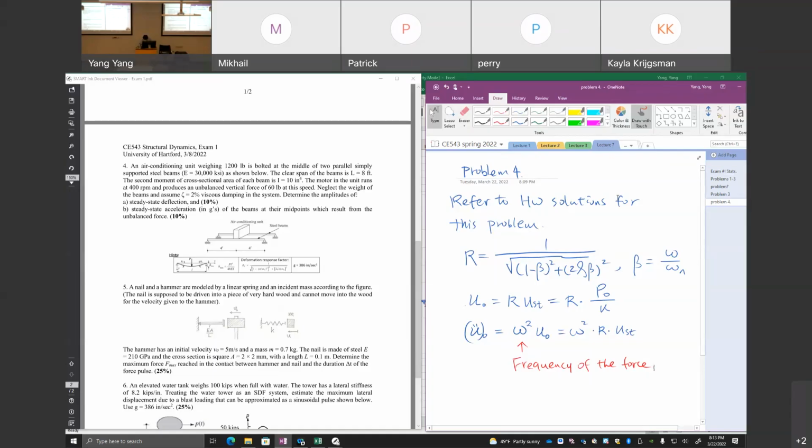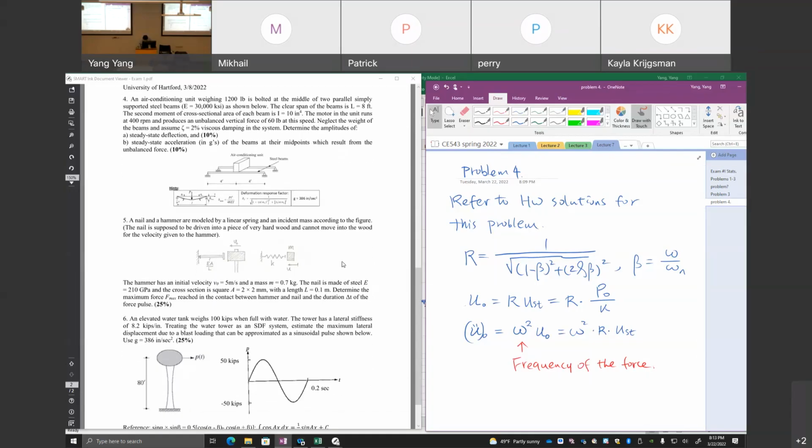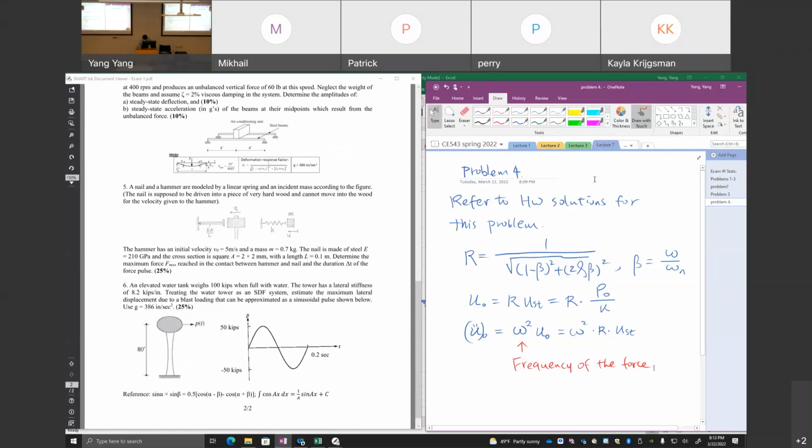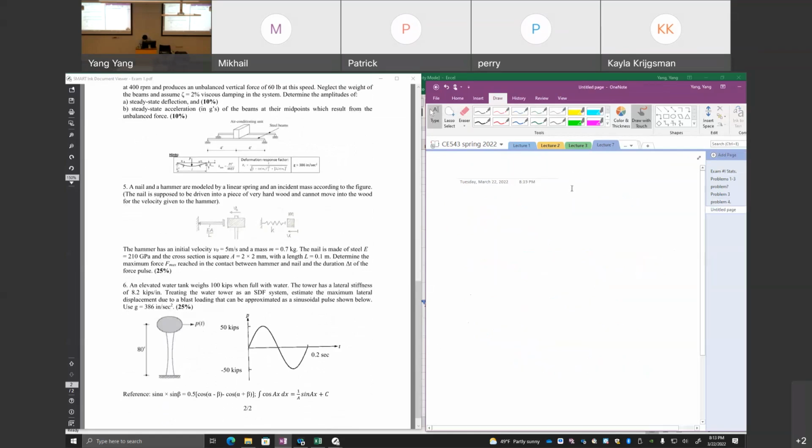The major issue that I have already seen for the entire class is problem 5. Let's look at problem 5 here. Problem 5 is an application problem for a very common case you see in your everyday life.